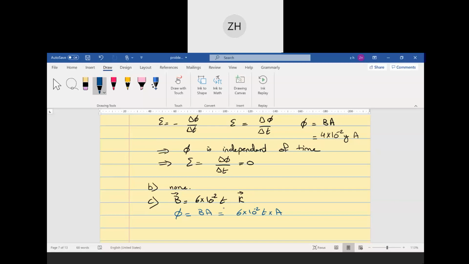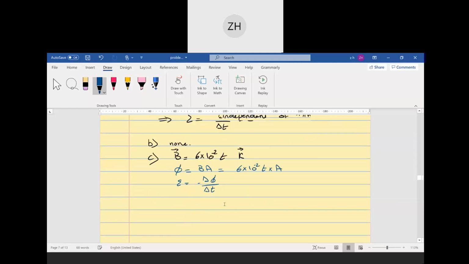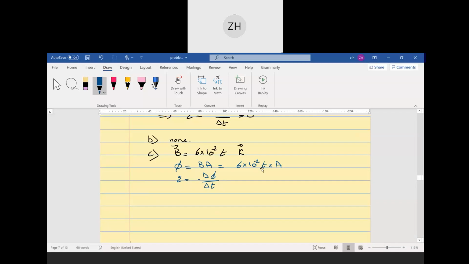To find the induced EMF, we will write a derivative with respect to time of this expression because we see that we have a dependence on time. So this will be minus d phi by dt. Like we said, we want the magnitude, so I'm going to remove the minus sign.